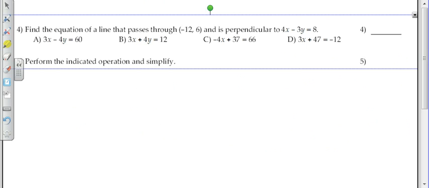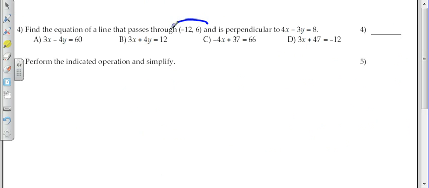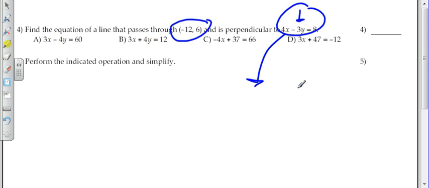All right, back to find the equation of a line passing through that point perpendicular to that guy. So first thing we need is to put this guy in slope-intercept form so I know what the slope of this guy is. So minus 3y is equal to minus 4x plus 8.